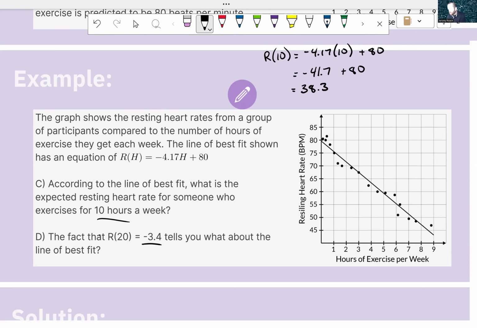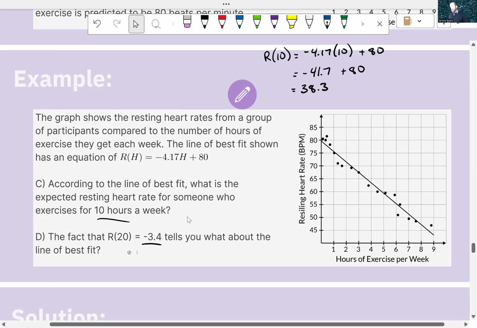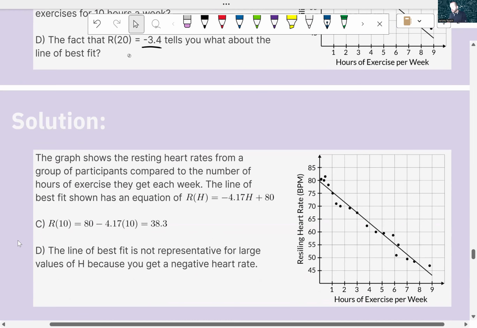And that's impossible. If someone's not alive, their heart rate is zero. So a negative makes absolutely no sense at all. All right, so that's how you solve these problems for generalizing with larger populations.